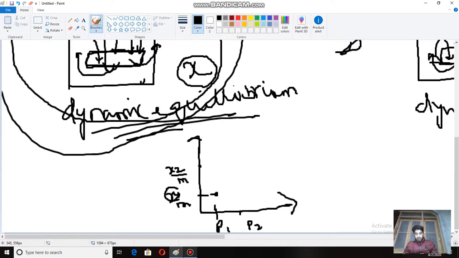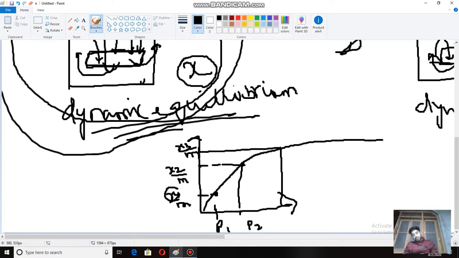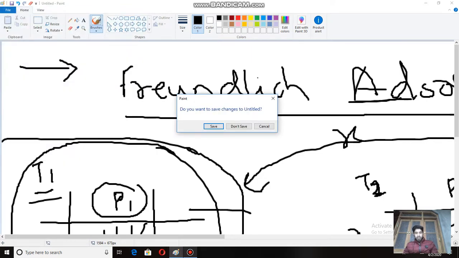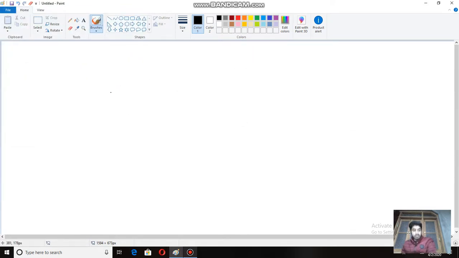So let's take this point and join it with P2, and as we go on increasing, this will be P3, and corresponding to that it will be x3 by m. If we join these points we will get a curve, and that curve is known as the adsorption isotherm. I hope you remember this. I just tried to remind you.